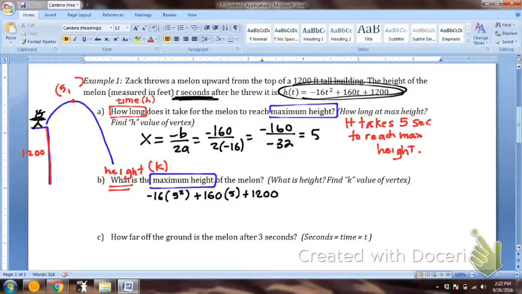If you need to make yourself a note off to the side, you can say plug 5 back in. We are finding h of 5. What are we getting?